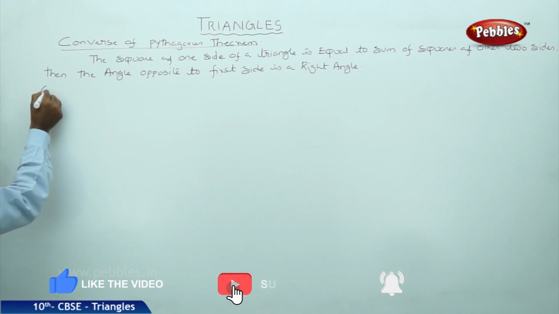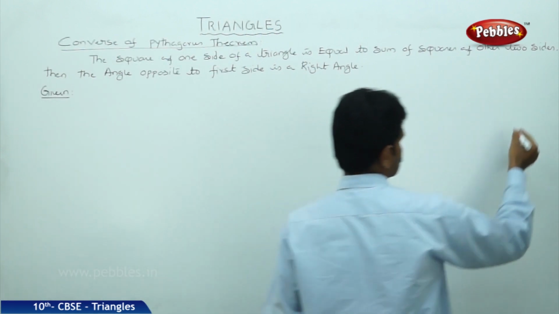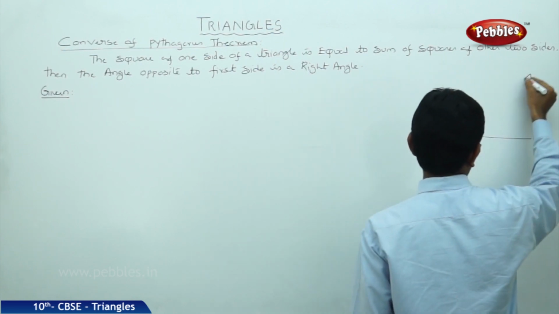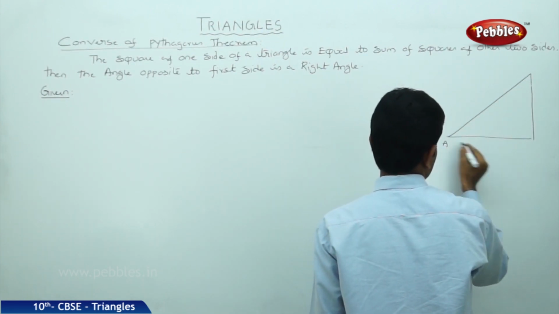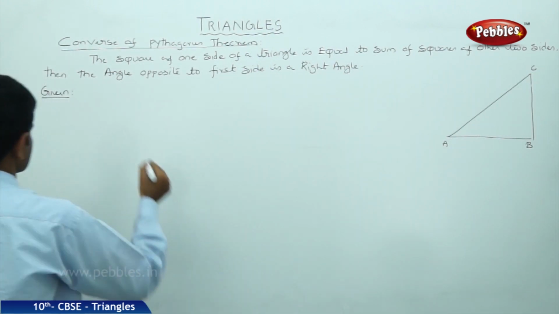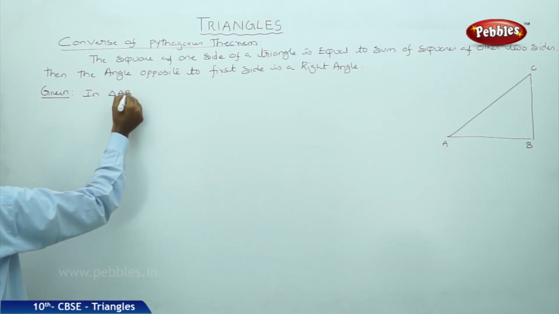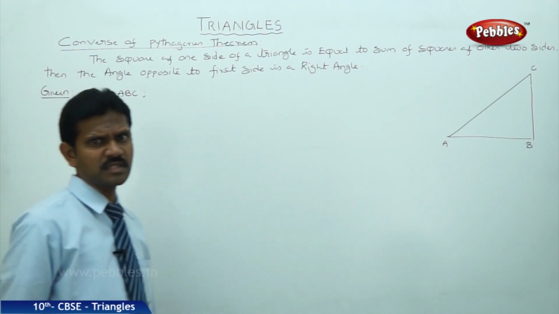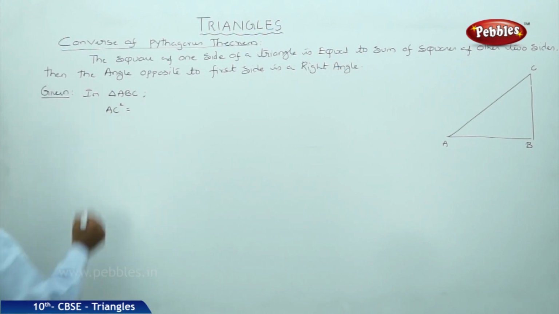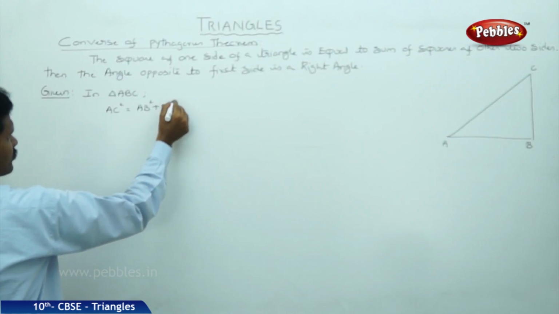Now given, let us draw the diagram first. Consider the triangle ABC. That is, in triangle ABC, AC square is equal to AB square plus BC square.